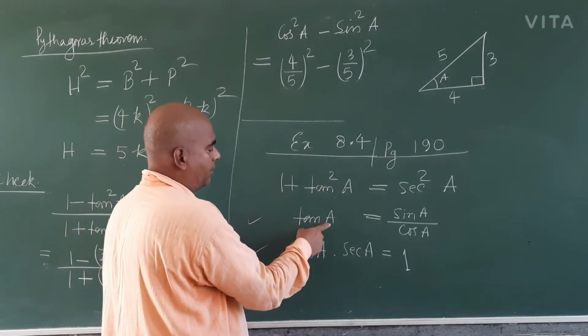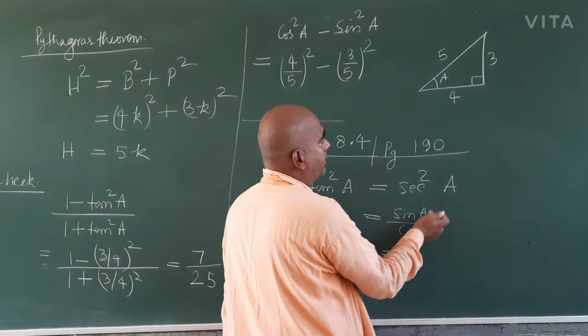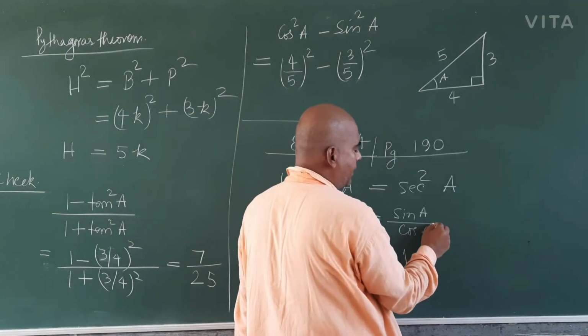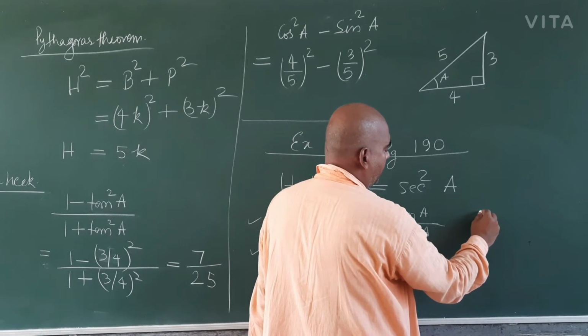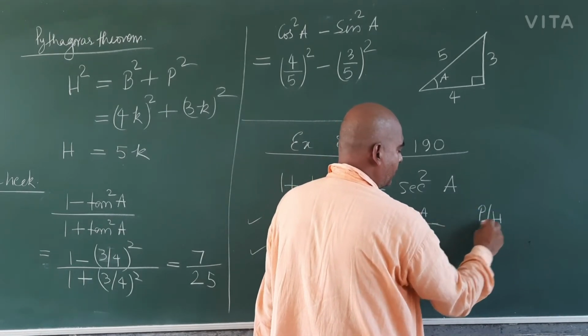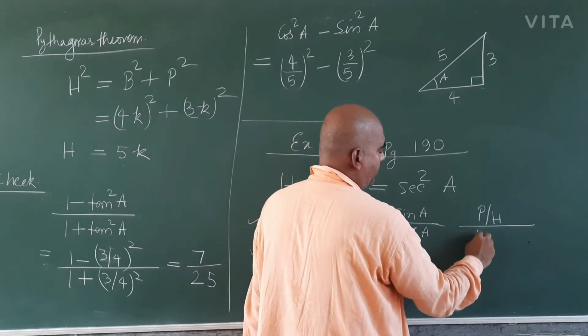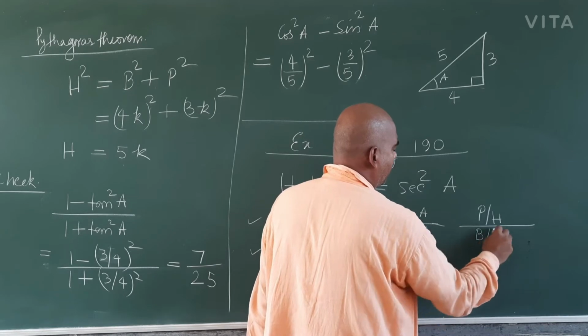I will tell you tan A is equal to sin A, which is perpendicular by hypotenuse, whole divided by cos A, which is base upon hypotenuse.